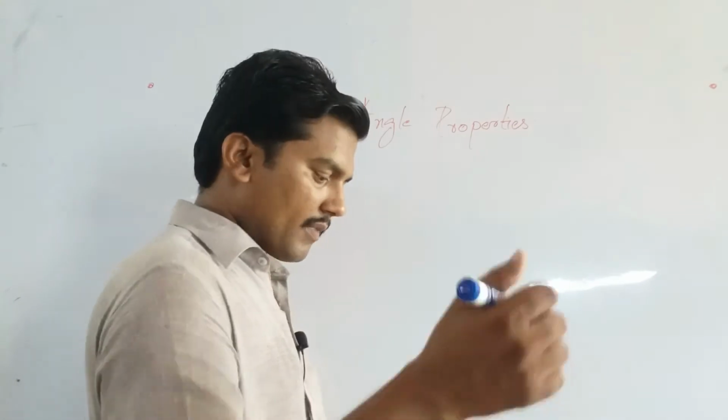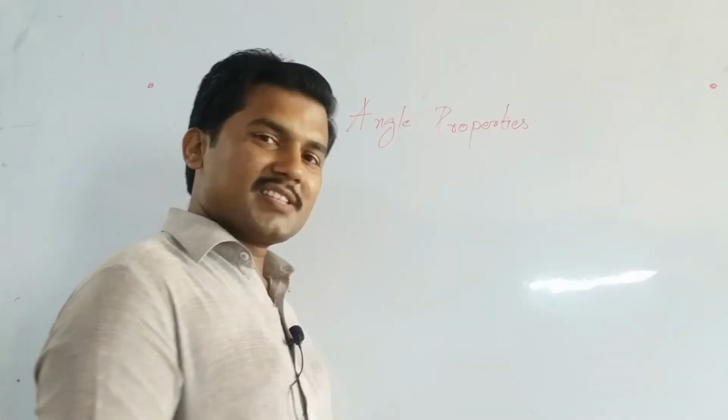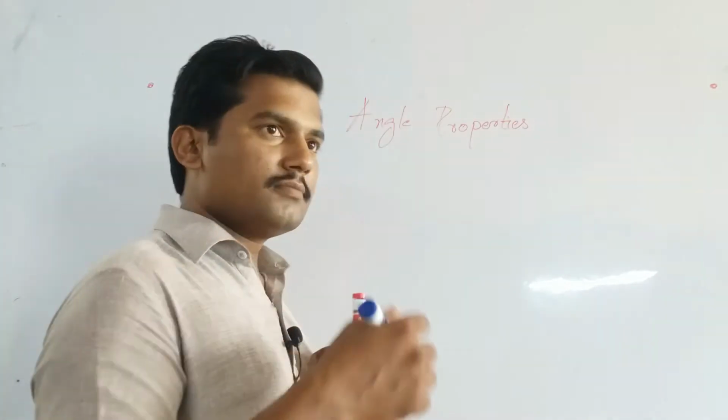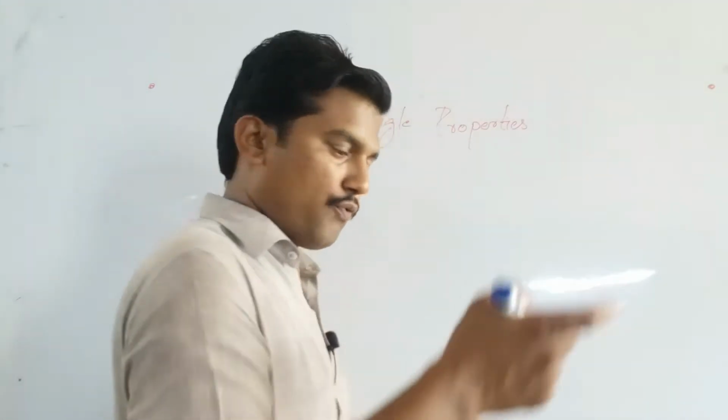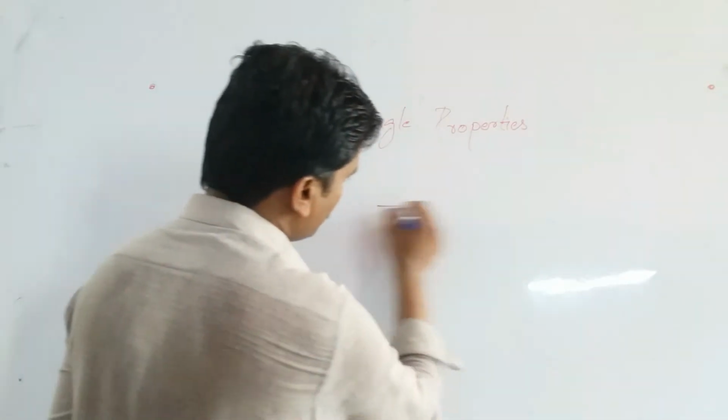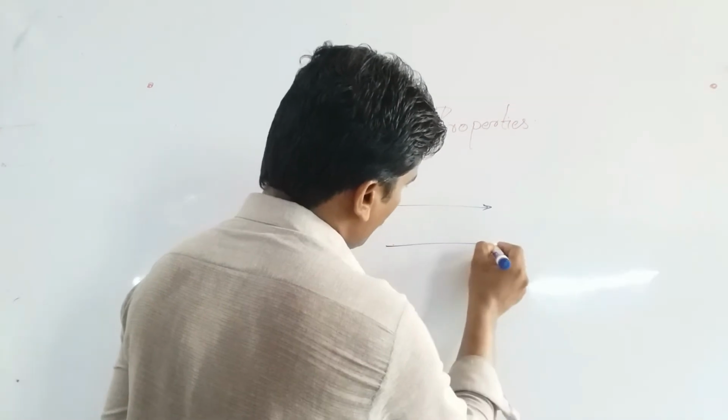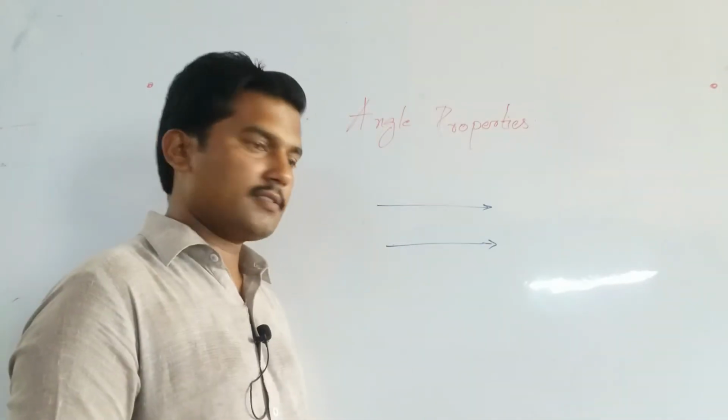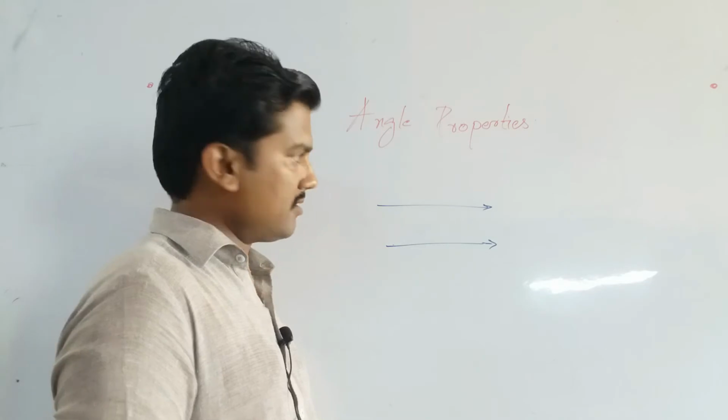First of all, I want to discuss the transversal line and the angles so formed. We have a pair of straight lines called parallel lines.